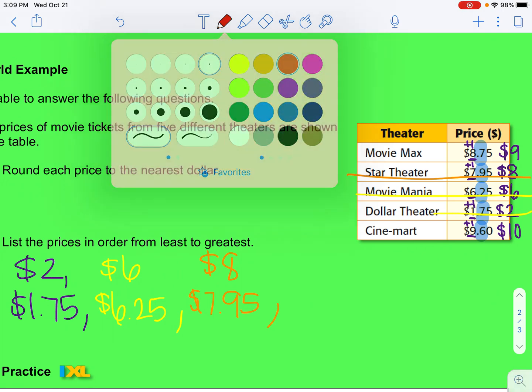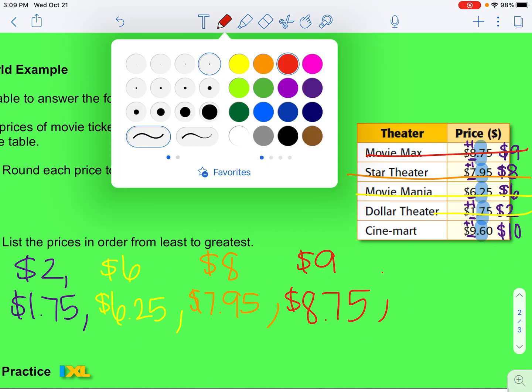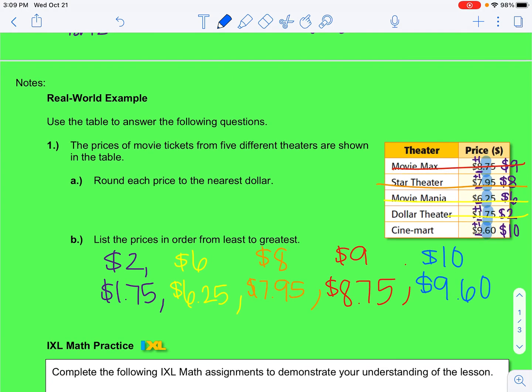Alright, next one. The next smallest was the $9, which is actually $8.75. Which leaves our last one, Cinemark, which was 10, and that was actually $9.60.